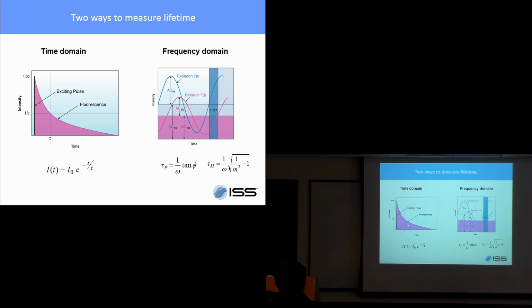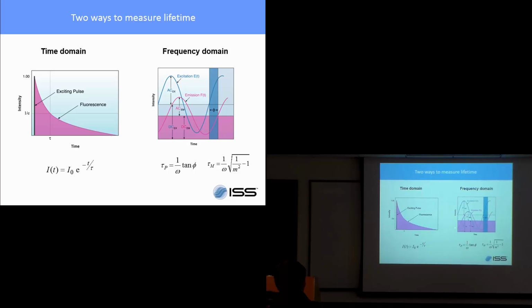The fitting of the histogram will give you the decay time, which is tau here. In frequency domain, typically you use CW sources, although you can also use pulsed sources, but I will not go into those details. The idea is that you modulate the light source, and you detect the phase shift of the fluorescence and the demodulation.